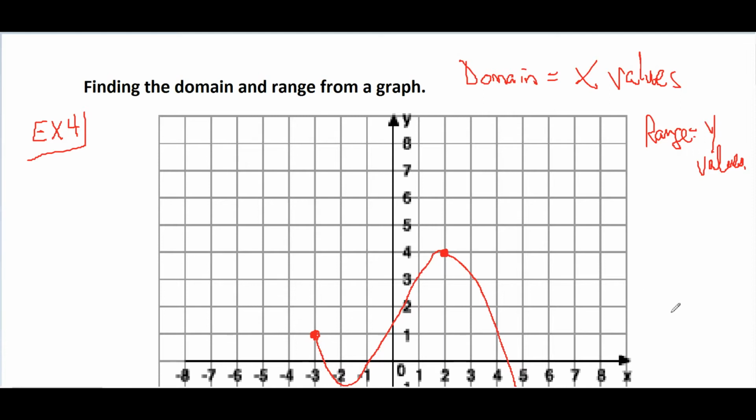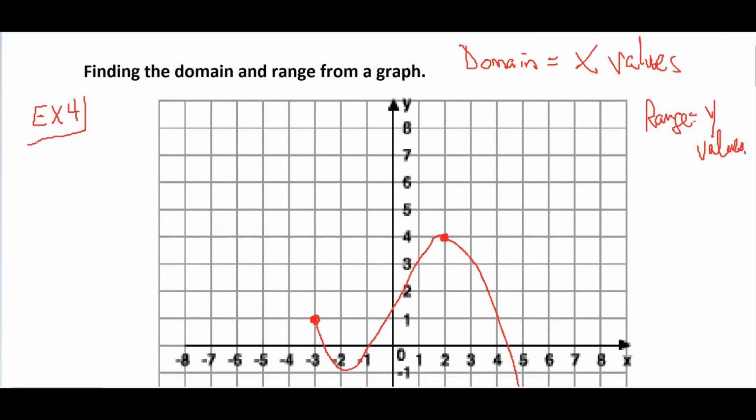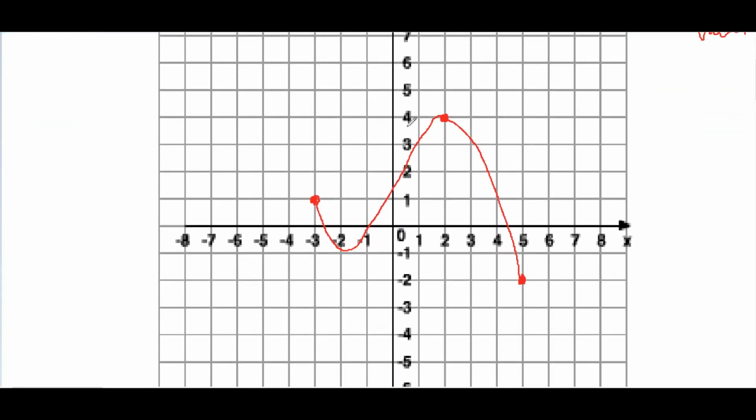I'm going to look at this, scroll this down a little bit to find the domain. What are all the values of x that make up this graph? We call that all the values in the domain. So -3 looks like it is furthest on the left side, and then to the right all my x values are going to be enclosed in the interval up to 5.